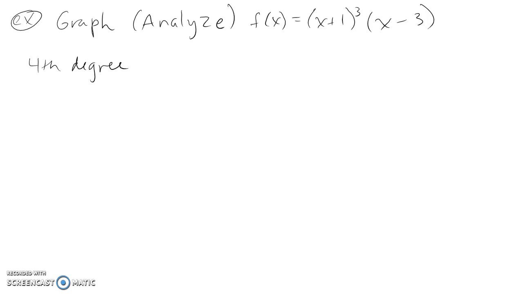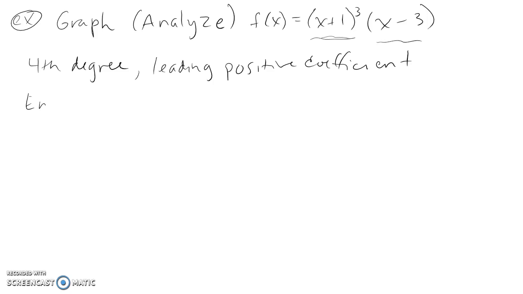Why? Well, if I were to multiply out this first factor, I would get an x cubed polynomial, and then when we multiply that by x minus 3, the first term we would get would be x to the 4th. So it's a 4th degree function with a positive leading coefficient, because it's going to be x to the 4th, not minus x to the 4th.